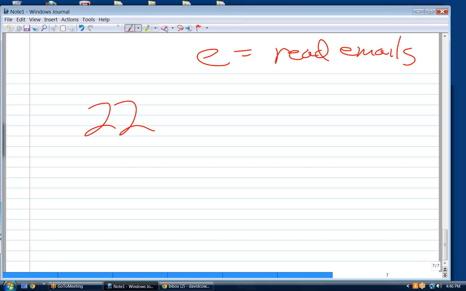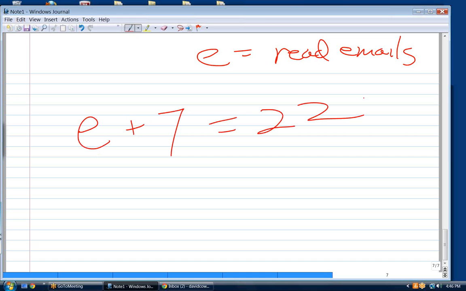Okay. So I could say the following. I could say E, the number of read emails, plus 7, the number of unread emails, has to equal 22. Right? Yeah.